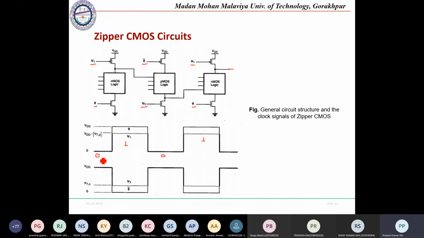So this is the pre-charge phase, and this is the evaluation phase, similarly pre-charge and evaluation. The complemented clocks are being used, so here two different clocks are used. The first one is initially 0, so both will be 0. But when we use phi 1, it will have a value of VDD minus mod of VTP, that is a lesser value.